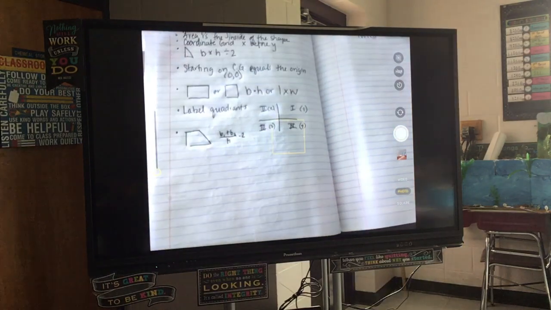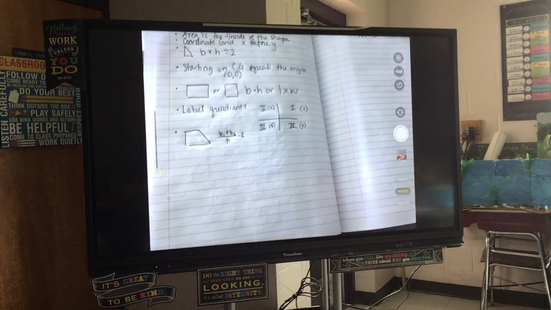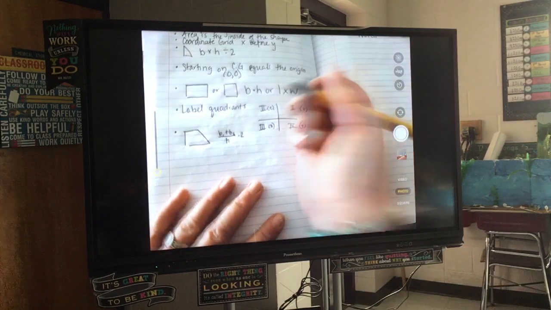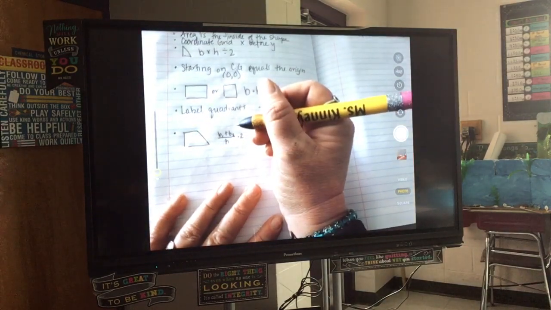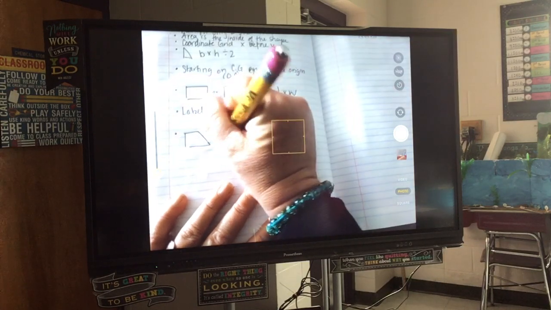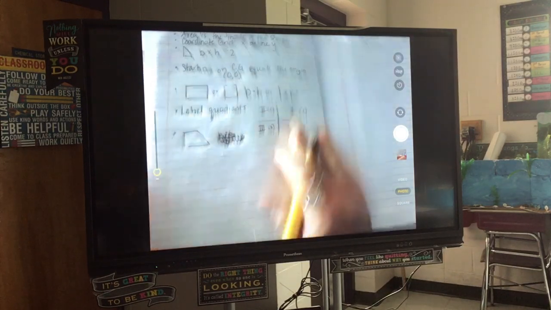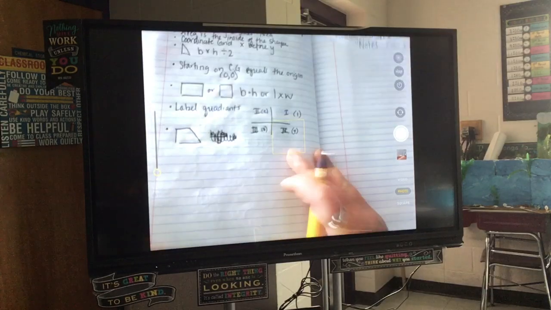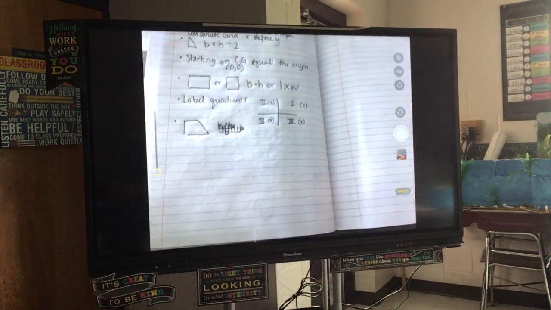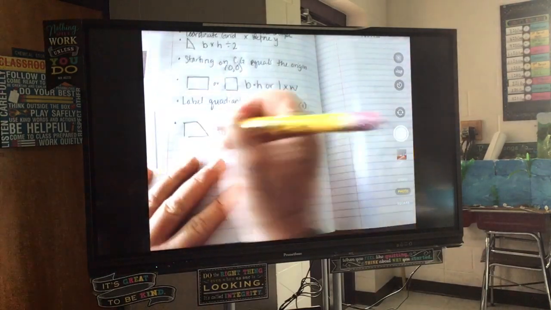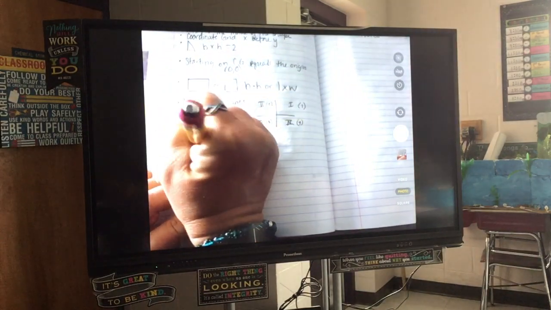Yes. Are you sure about that? Yeah, it says base 1 plus base 2 times height divided by 2. Okay, I just wanna make sure.